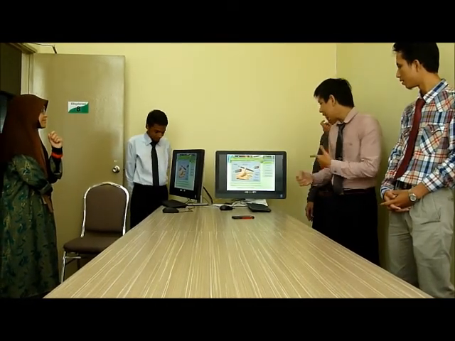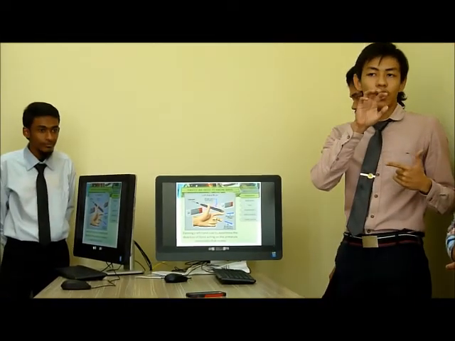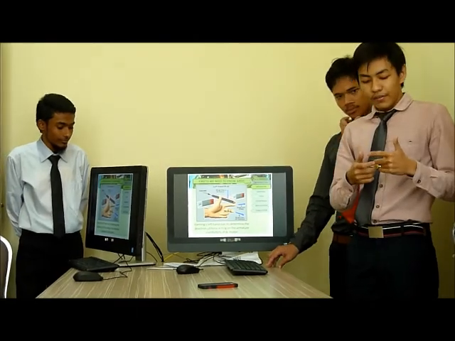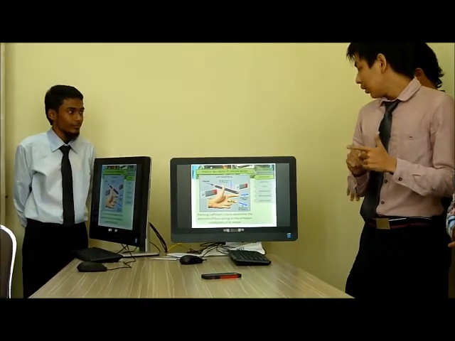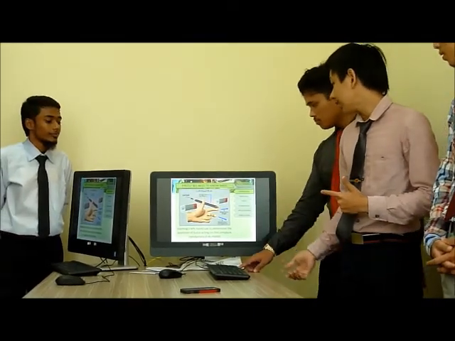Then this one is the magnetic field, which is from north pole to south pole. Then this finger is the direction of current.